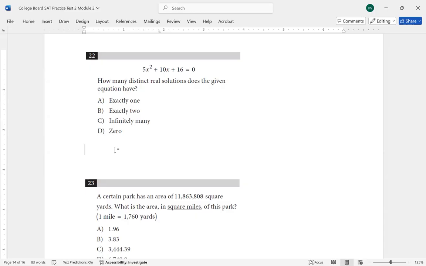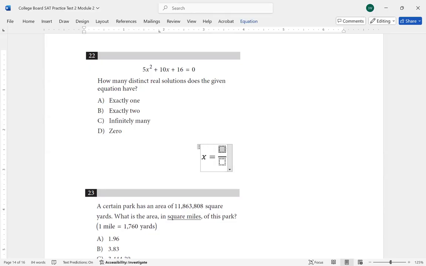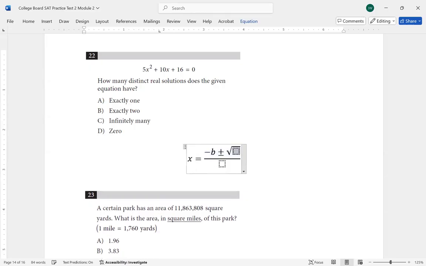Now, this is a quadratic equation, so the solutions will be of the form opposite of b plus or minus the square root of b squared minus 4ac, all over 2a, where b is the coefficient of the x, a is the coefficient of the x squared, and c is my constant. So in this case, a would be 5, b would be 10, c would be 16.